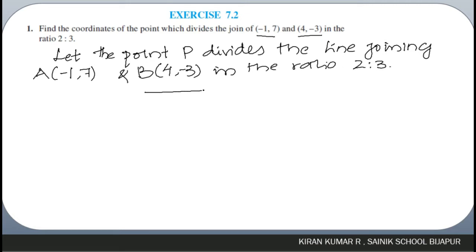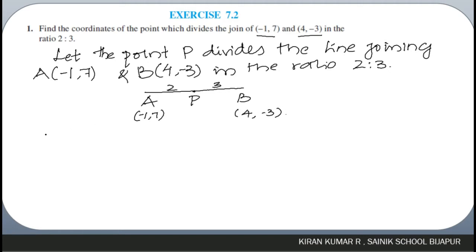It means point P is somewhere on the line segment AB such that it is making the ratio 2:3. The coordinates of point A is -1, 7 and the coordinates of point B is 4, -3.